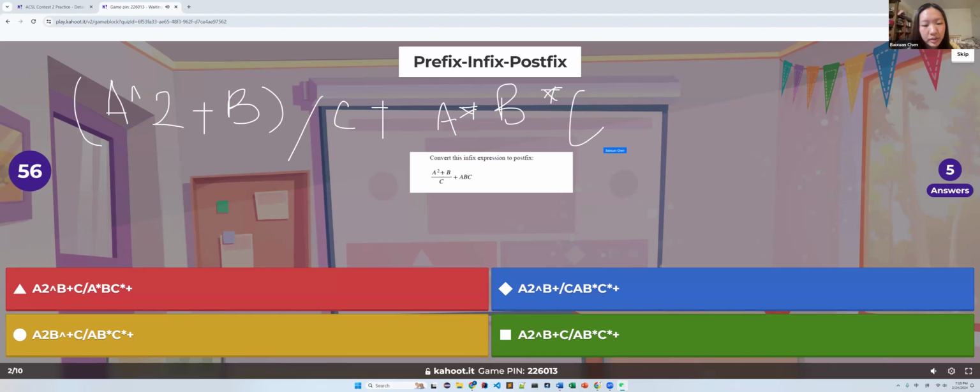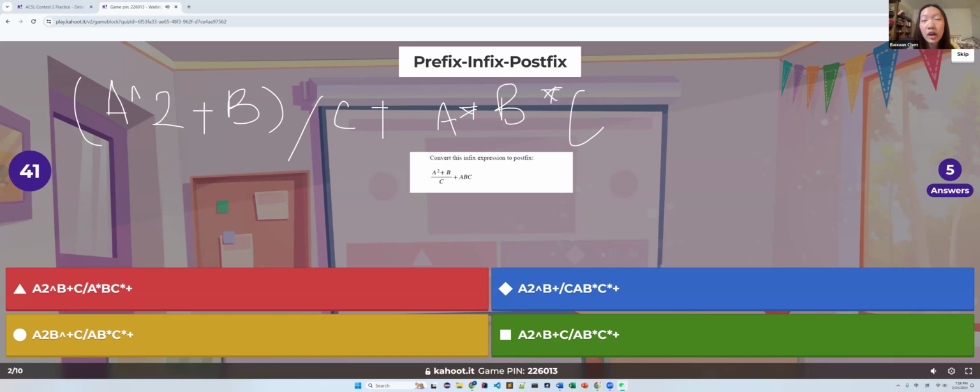So are there any questions about this expression, writing it out like this? No? Okay, so then let's keep going.